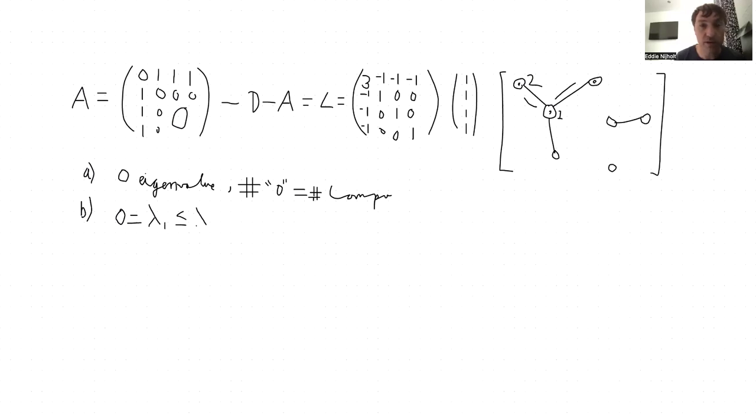If you order them by size, then lambda 1 will always be 0. Lambda 2 will be bigger or equal to lambda 1 and will only be equal to lambda 1 once you have more components. In that way, you can start ordering the eigenvalues of the Laplacian. And the total of them will be n, which is the total number of nodes.